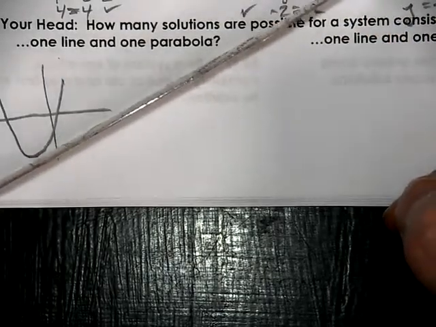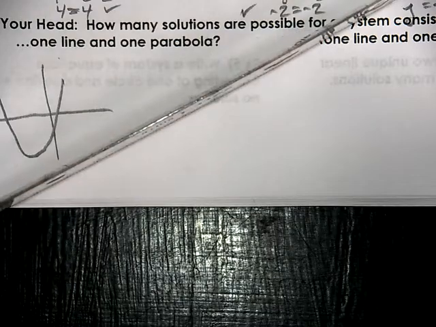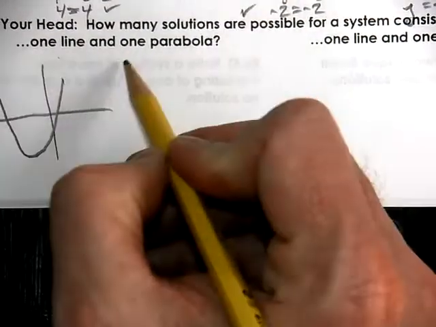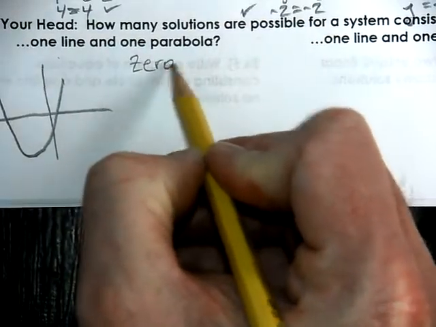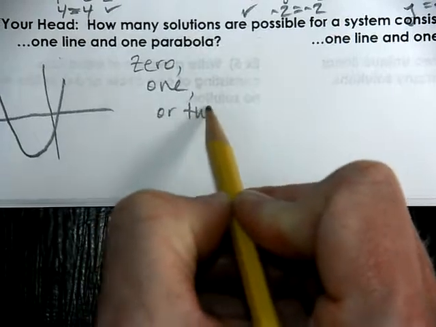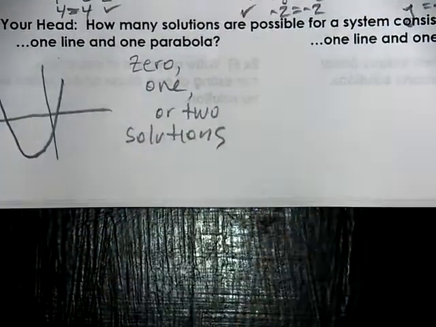We could have a line that touches it at exactly one point. Or we could have a line that does not touch it at all. So we could still have 0, 1, or 2 solutions.